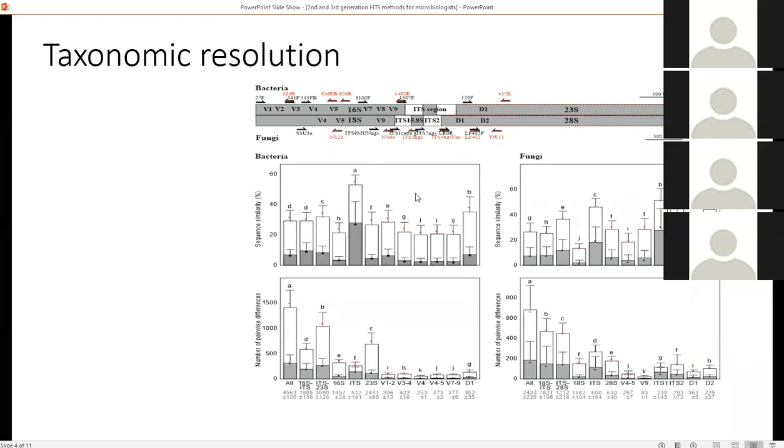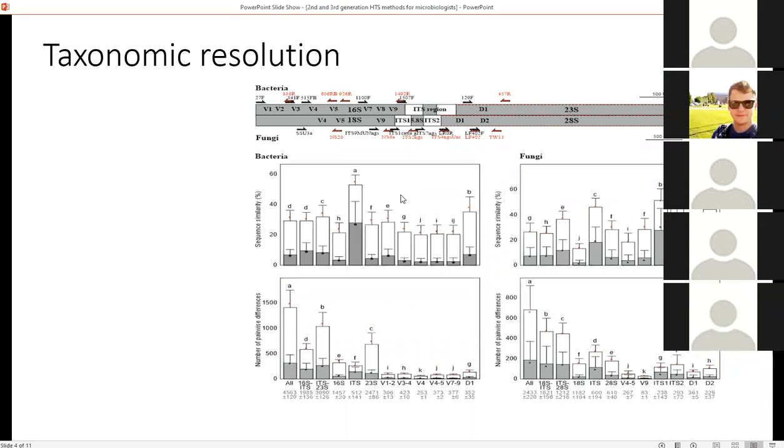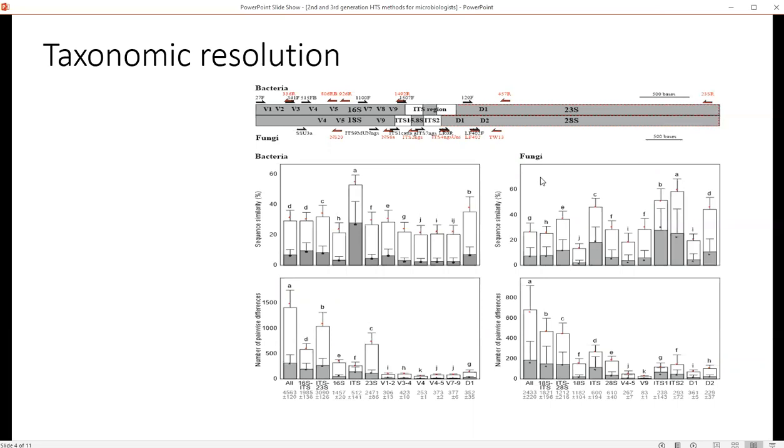The top graphs indicate absolute sequence similarity, which indicates that in both bacteria and fungi, the ITS region is most variable, but when it comes to number of absolute differences, then those long reads that are comprised of both ITS region and LSU and SSU, these display much greater overall variability and characters to distinguish those organisms.